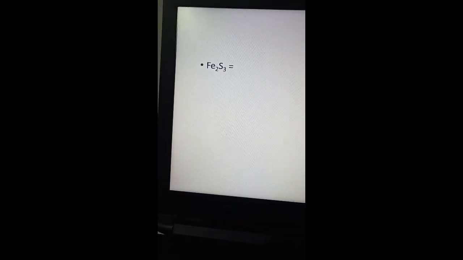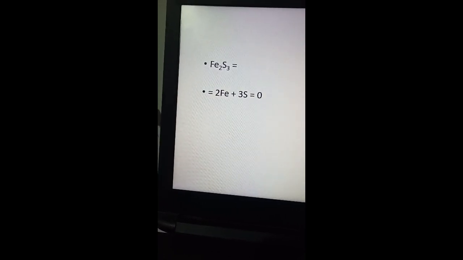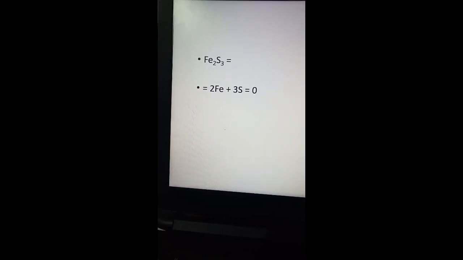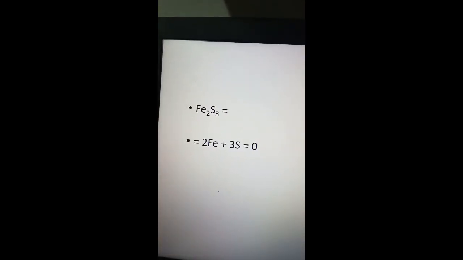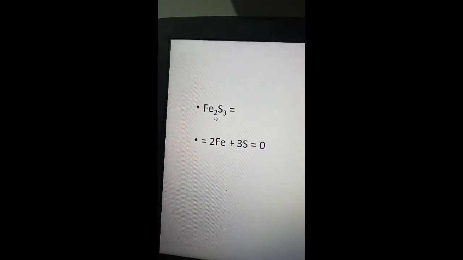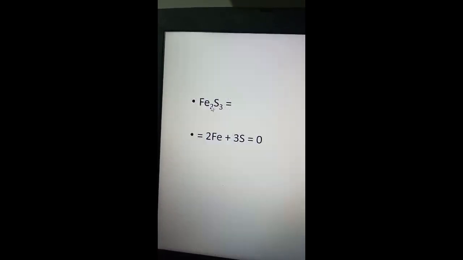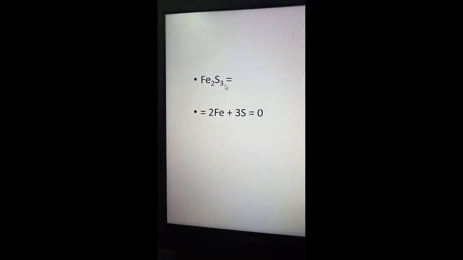Here's another example, and in order to get the binary compound name, we need to first find the oxidation charge of iron. So Fe2S3: 2 is because there are two iron atoms, and 3 because there are 3 sulfur atoms.